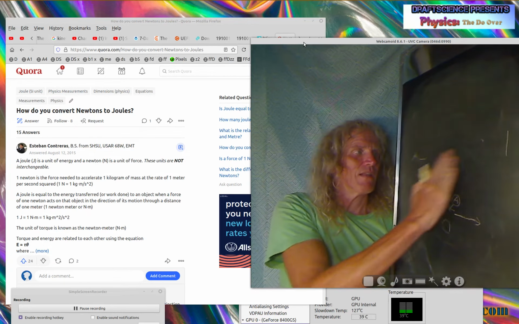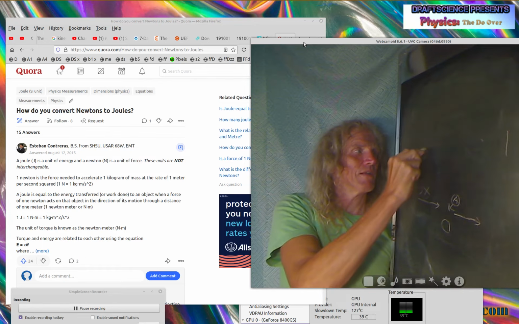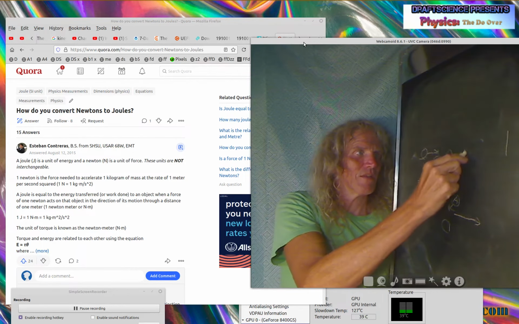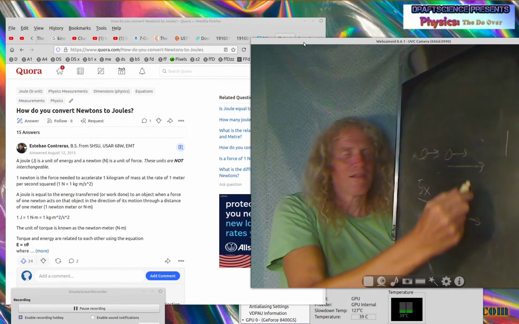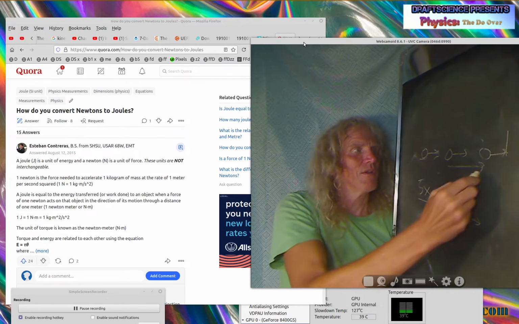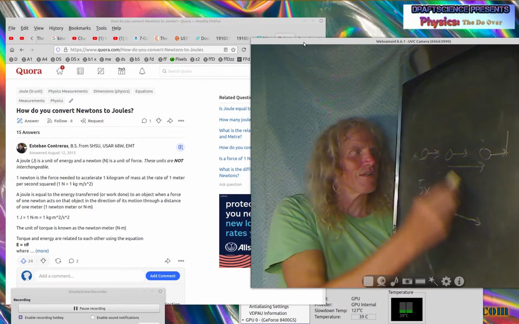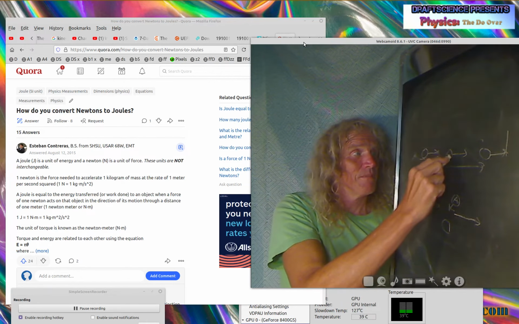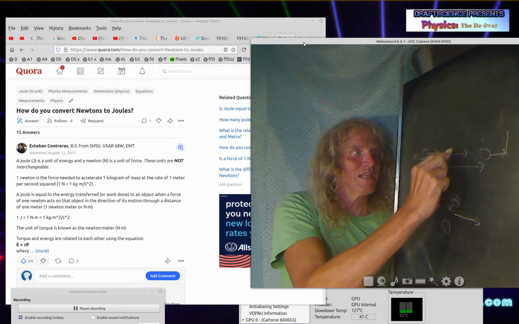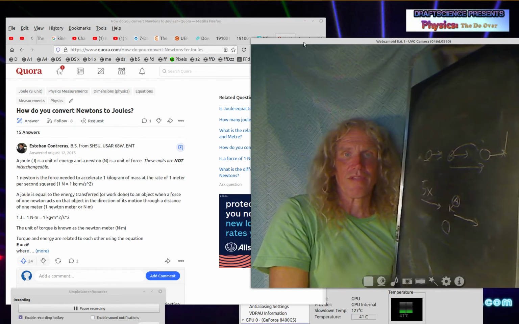And again, what happens if I hit something and I move it in the same direction I'm moving? Well, it's essentially going to do my work for me. It's going to go forward and hit something and make it go forward. So I didn't lose the energy. I transferred it, but I didn't lose it, because the thing I transferred it to is now going to do the same work I would have had to do.